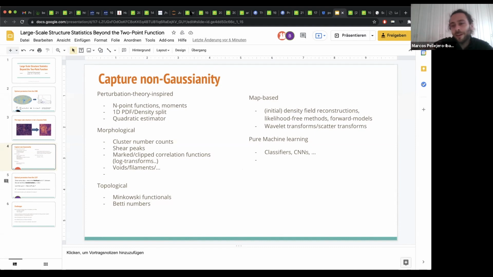Maybe you don't get any more information from the 40-point function, but at least you know that there's some kind of completeness theorem. Yeah, this is a very good point that Francisco just wrote in chat. This is actually not the case, not always. There are cases where you, but I mean, that's the idea.